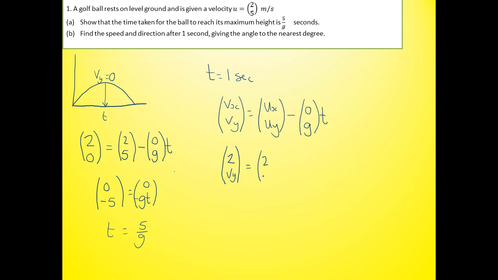Two and U is 5 minus, and we've got T is equal to 1, that just gets you 0, and on the bottom we end up getting G.